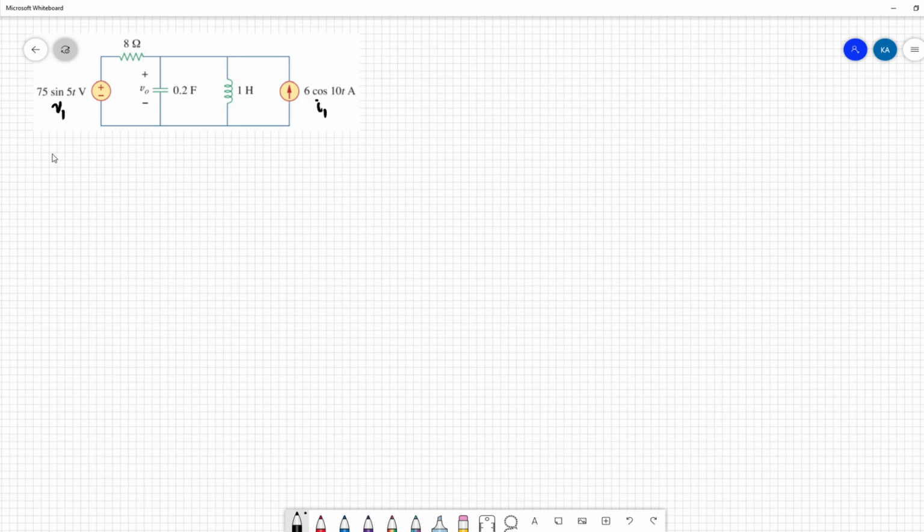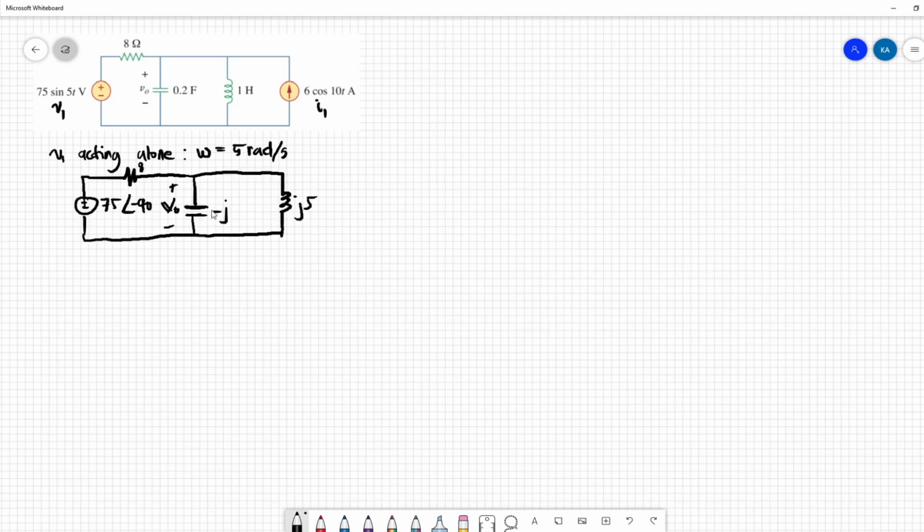So V1 acting alone, we have omega equal to 5 rad per second. Now converting the circuit to the frequency domain, we can simplify the circuit to a single loop.